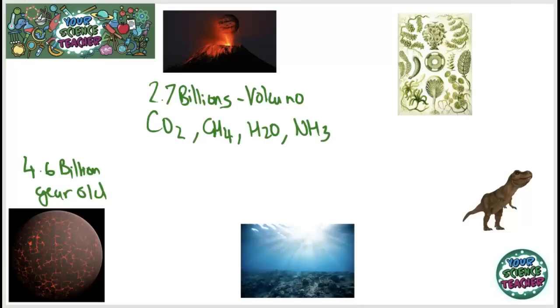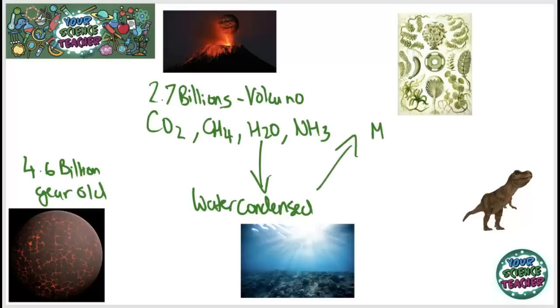Now, over time, this water vapor started to condense, which formed our early oceans, and this was what fueled the next evolution of our atmosphere. Because there was water covering the surface of a lot of the Earth, microscopic organisms that photosynthesized could thrive in the water, and therefore they could put oxygen into our atmosphere.